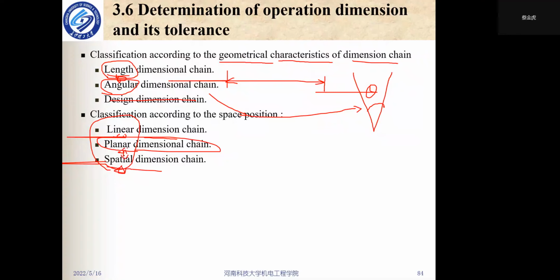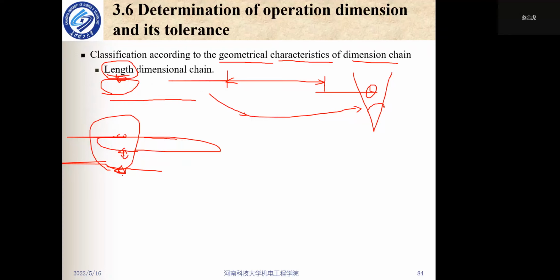In the planar dimension chain, all the dimensions are in the same plane, while in the spatial dimension chain, the dimensions are not in the same plane or parallel planes.